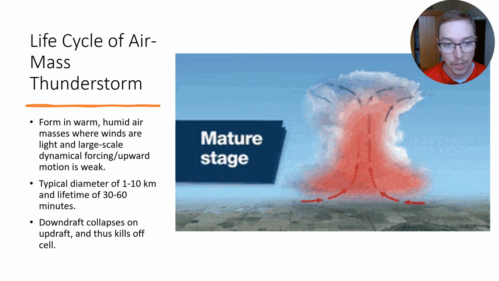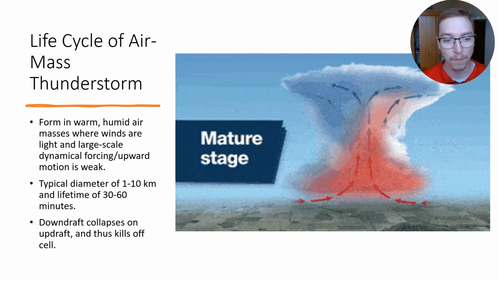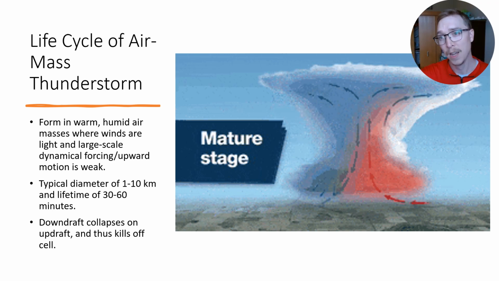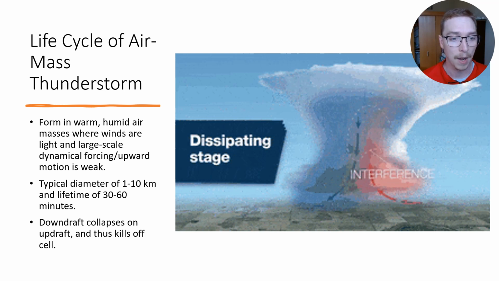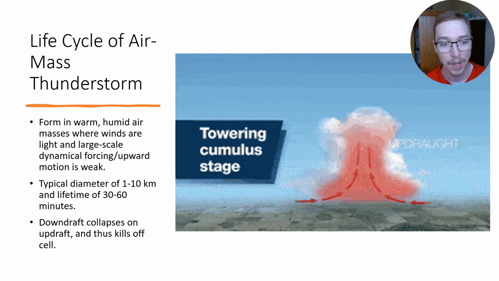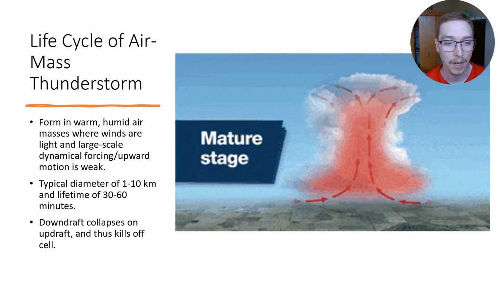We need conditions where these types of systems can develop. If there's high wind shear, for example, high winds aloft, that can kill your storm before it even really starts. Typically, they have a diameter of about 1 to 10 kilometers and lifetimes of about 30 to 60 minutes.